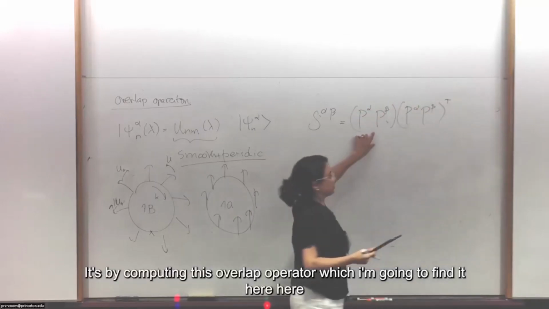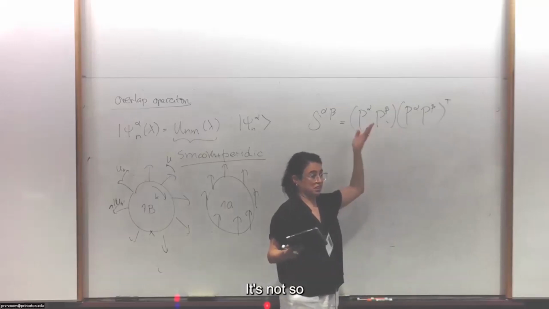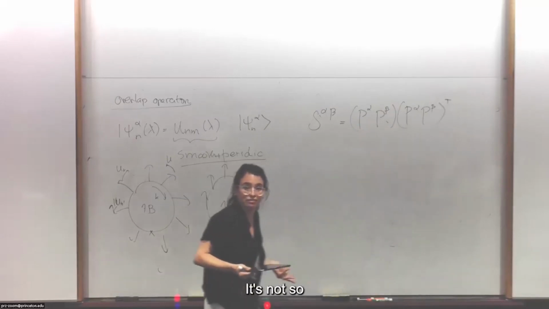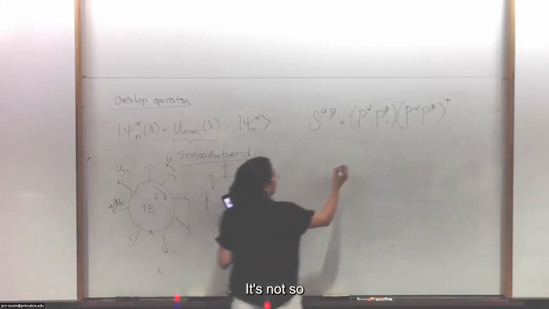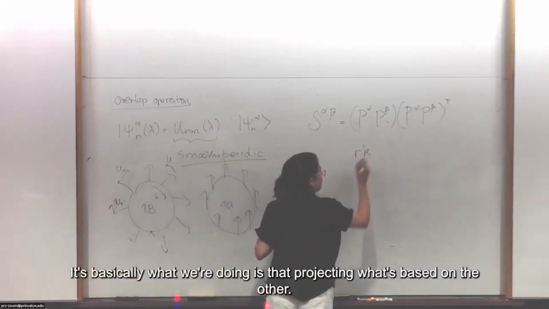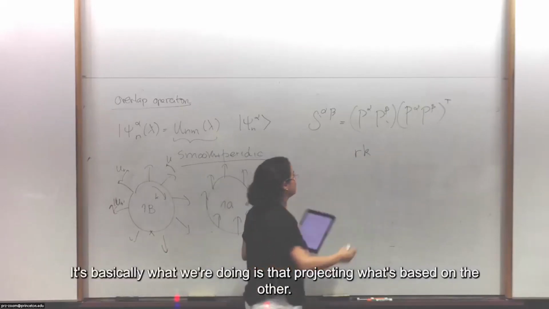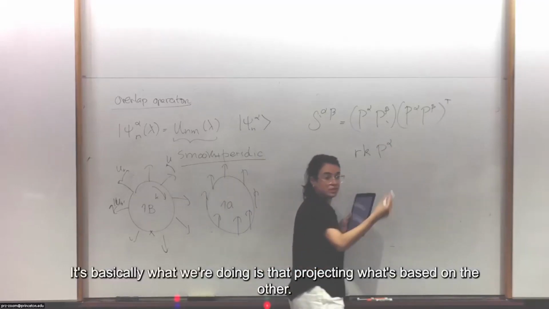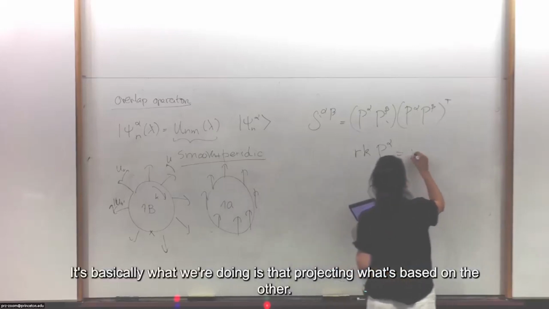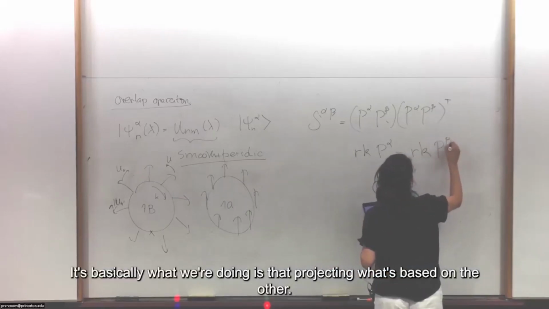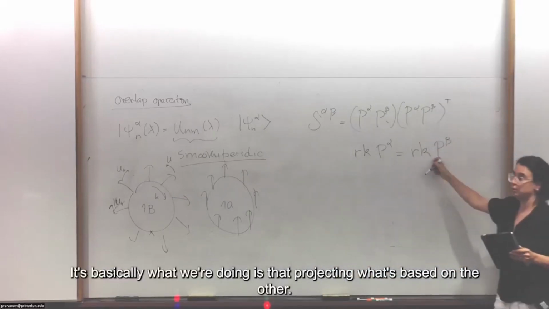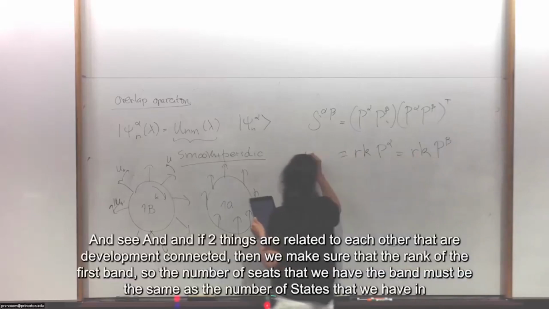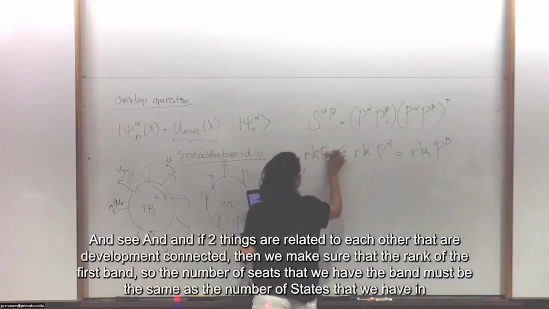It's basically what we're doing is projecting one space into the other and seeing how many states we have left. And if two things are related to each other that are unitarily connected, then we make sure that the rank of the first band, so the number of states that we have in the band, must be the same as the number of states that we have in the other band we're getting to, and that the overlap still has the same number of states.